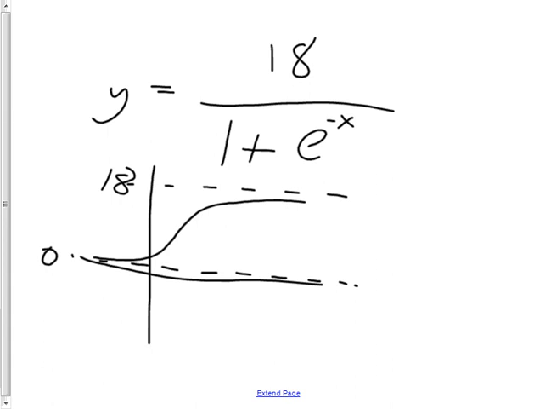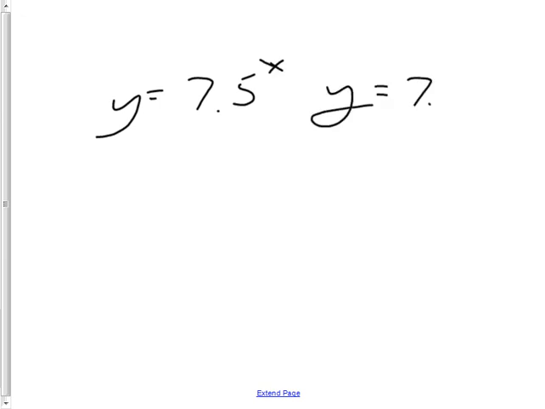Okay. How about if I were going to give you this problem, y equals 7.5 to the x, and then I asked you, what's different about y equals 7.5 to the 2x minus 3? First of all, is it different? Yes. Has it been moved or what? I'd like you to right now write down the 2 things you would have to do and in what order.